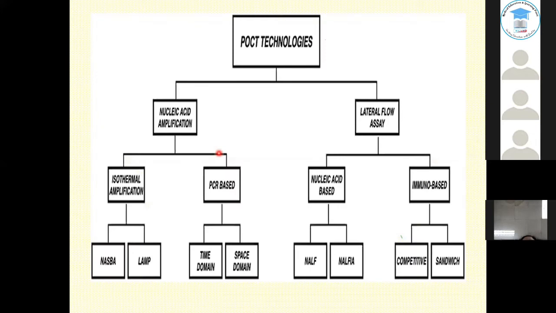Now, going briefly into the technologies for POC, number one is the lateral flow assay, which may be of two types, that is the immuno-based and nucleic acid-based tests, and on the other hand is the nucleic acid amplification tests, which may be PCR-based or those based on isothermal amplification.